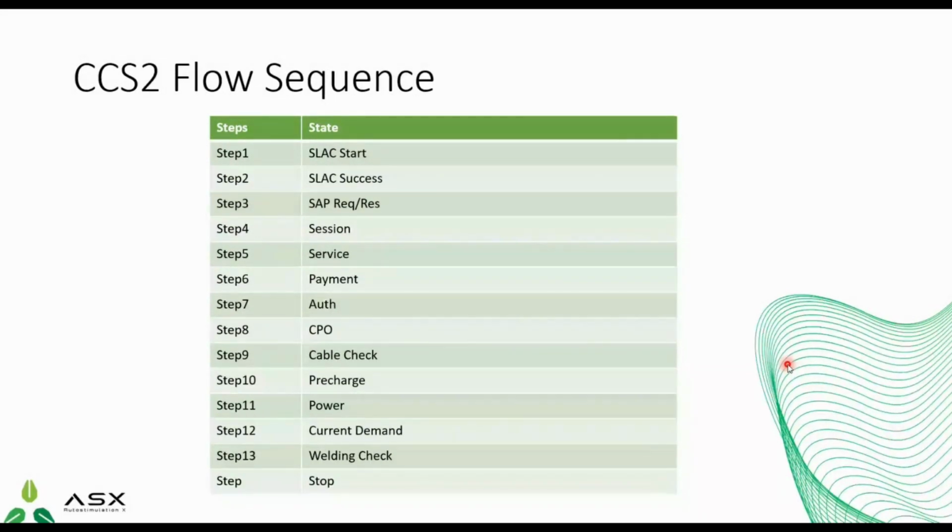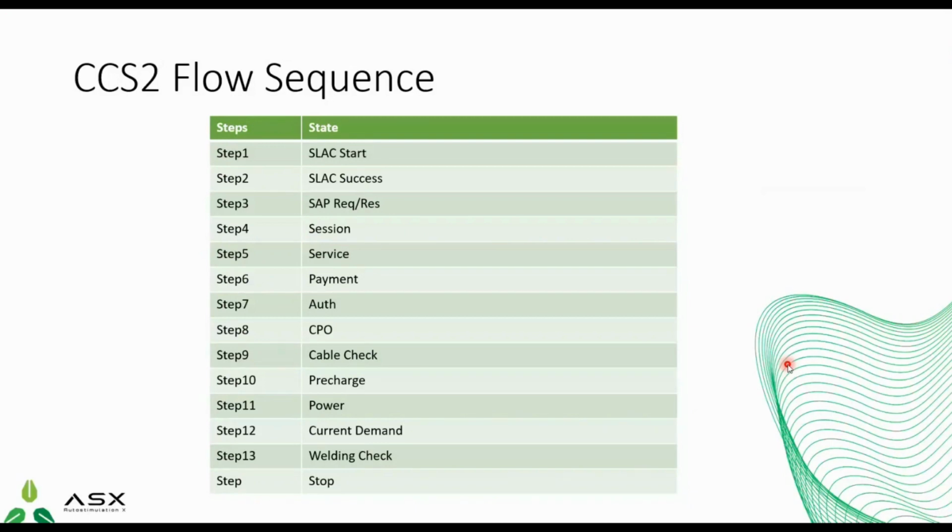First, after connecting the charger, you will find the SLAC. After SLAC, you will find the SLAC success. Then if the SLAC success is authorized, the flow continues, and only with this flow will the CCS2 charging start up or end.